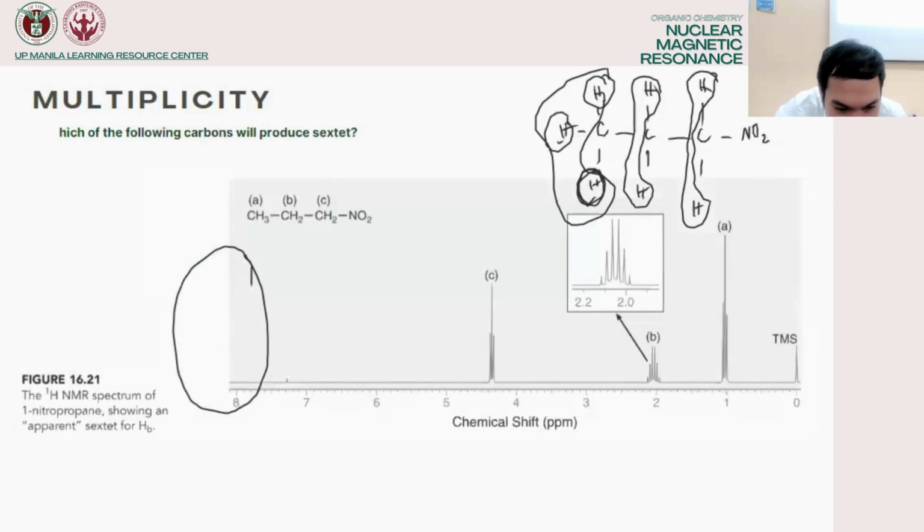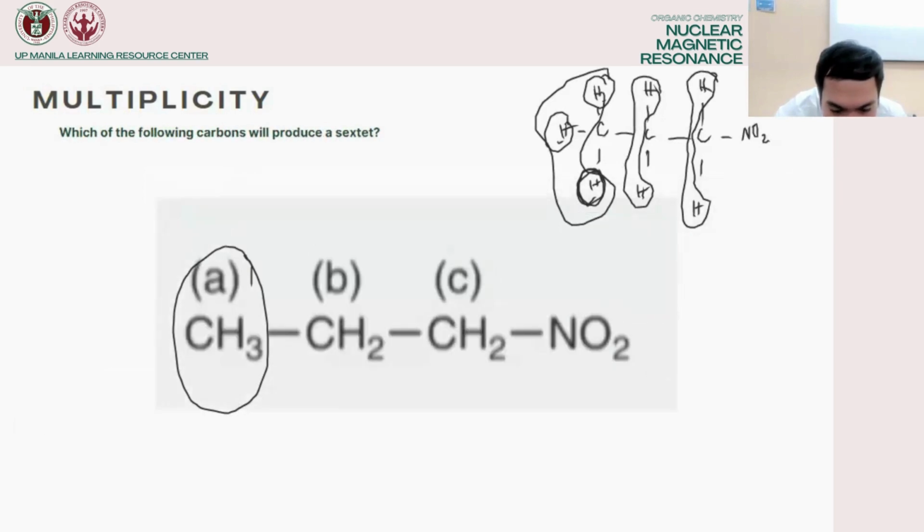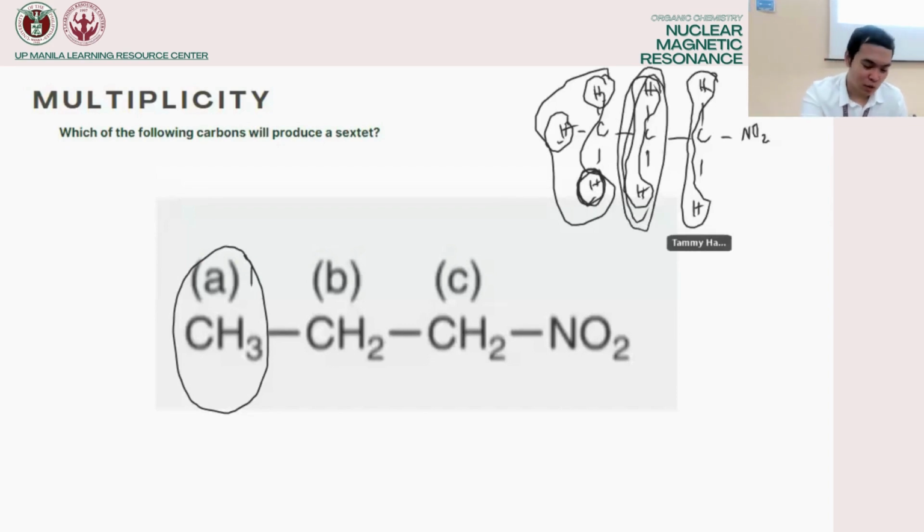Wait lang. It has what? 2. Ito lang naman neighboring eh. Pag sinabi nating neighboring, yung katabi niya lang. So, it has 2. N plus 1, 2 plus 1 equals 3. So, ano ito? It's a triplet. So, ang signal mo this time is like this. Right?